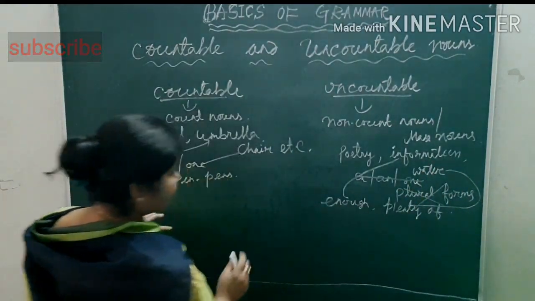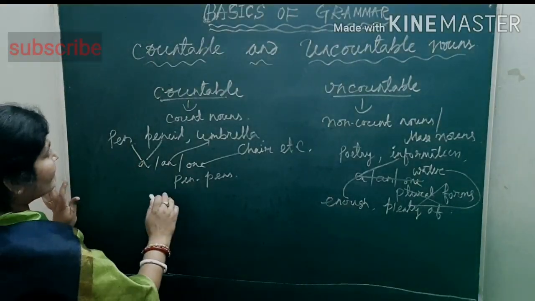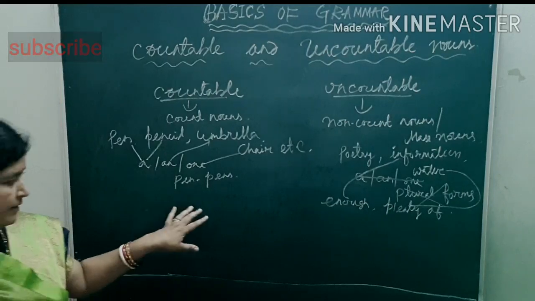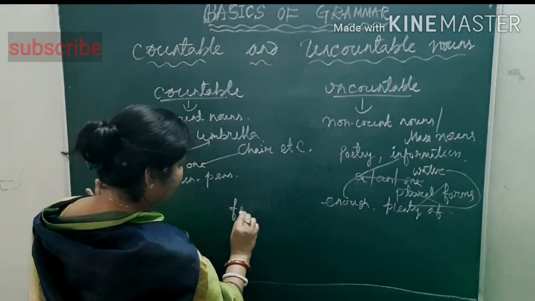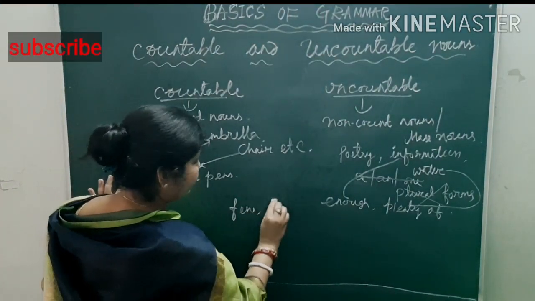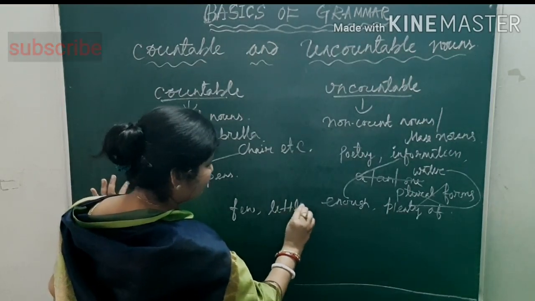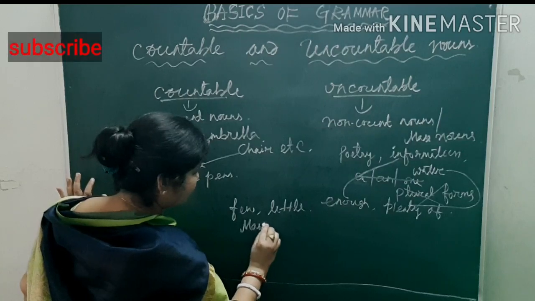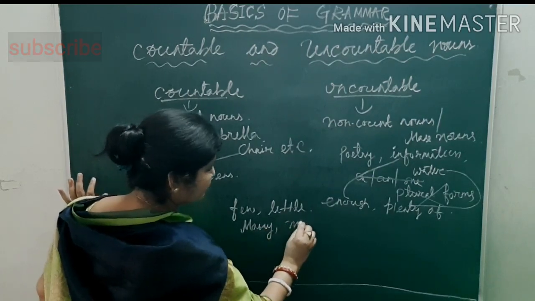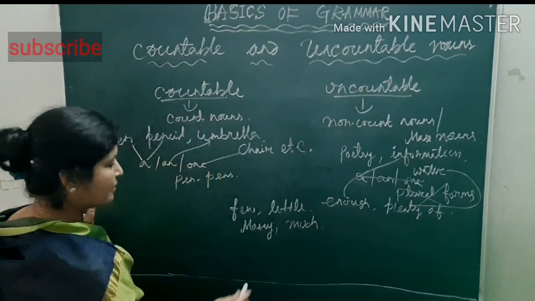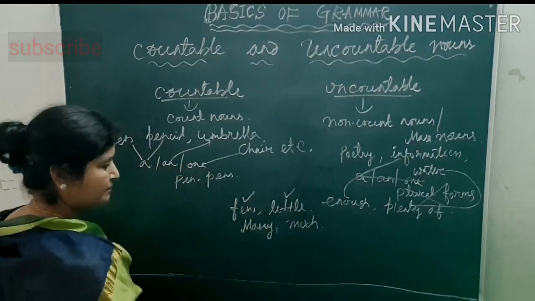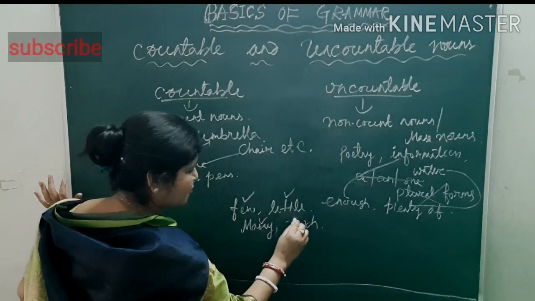And some adjectives are there, like few, little, many, much. Here we will see the difference between few and little, many and much.